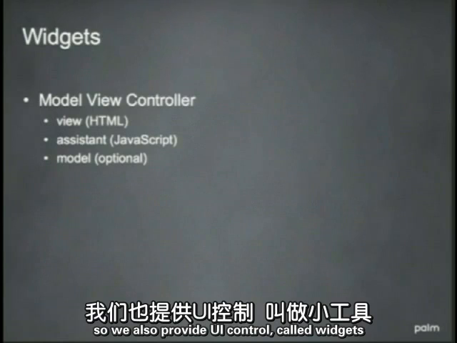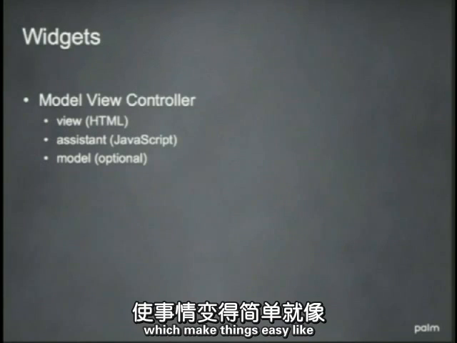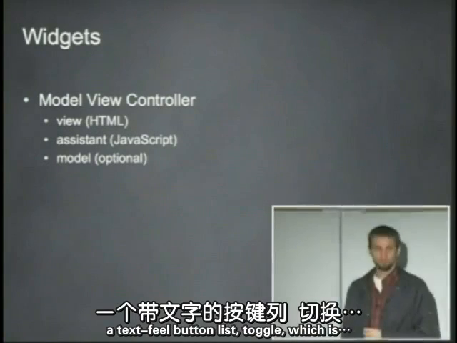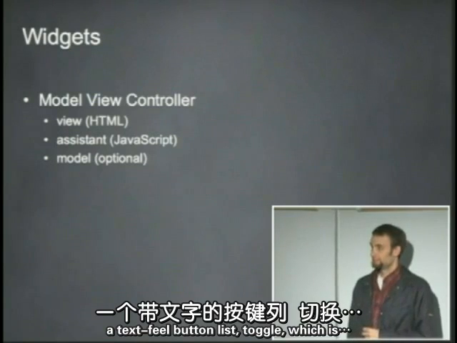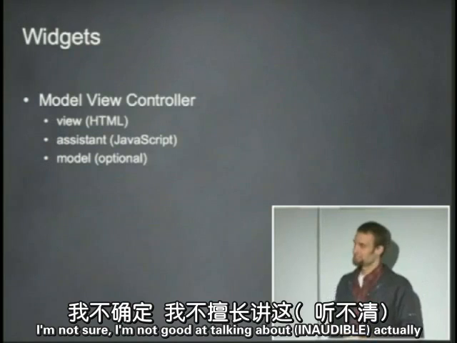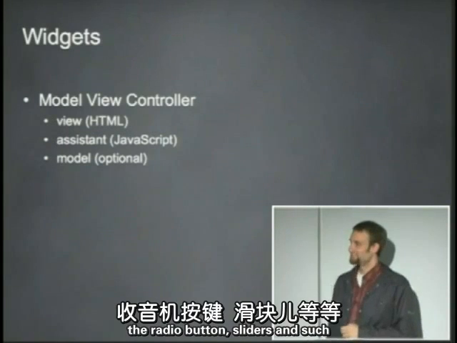So we also, just briefly, provide UI controls called widgets, which make things easy, like text fields, buttons, lists, toggle switches. Actually, I'm not sure, I don't think we provide a toggle switch anymore. Actually, a radio button, sliders, and such.